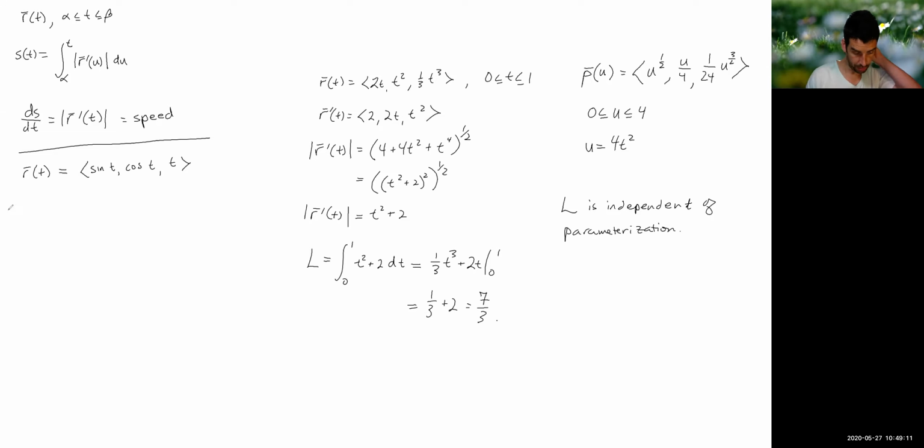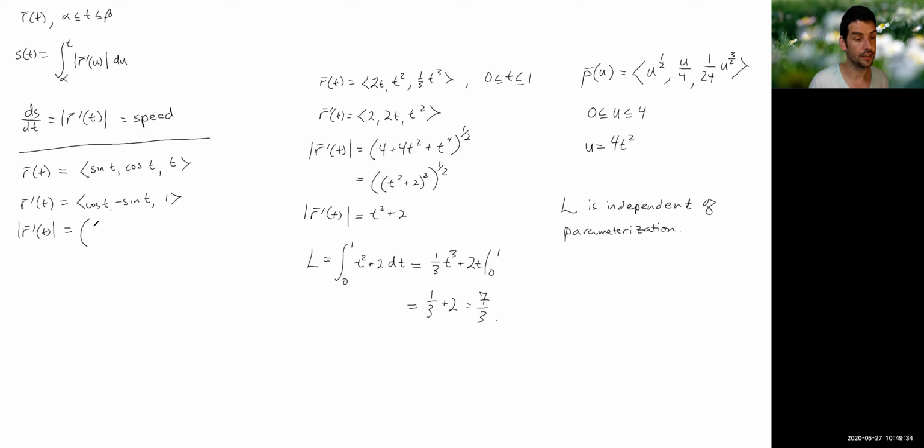Okay, so all I'm going to do first is find this arc length function, and then we'll see what we're going to do with it. So r prime is cosine t, negative sine t, and 1. The magnitude of r prime: we square each of these component functions and add them together.